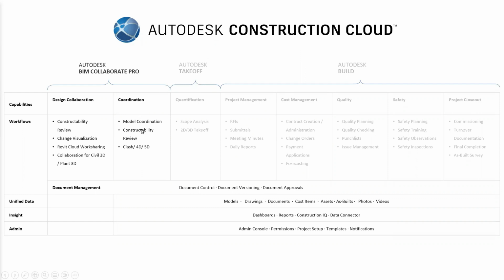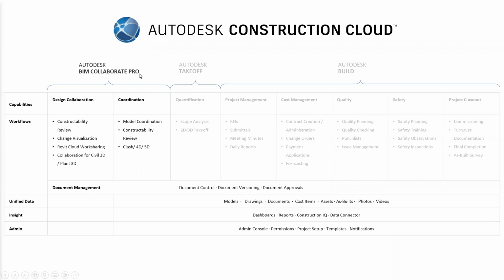So for the purposes of this webinar, we'll be focusing on ACC capabilities around design collaboration and coordination for Civil 3D. So this is where BIM Collaborate Pro comes into play, okay?